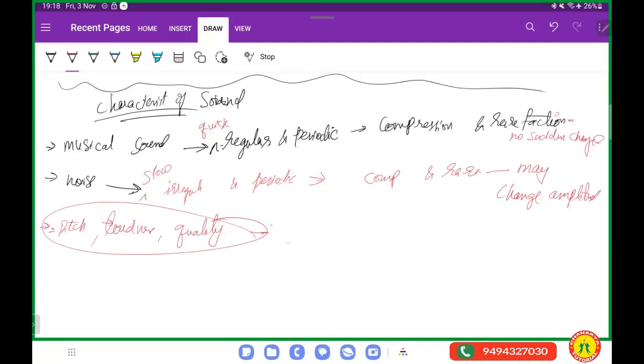What is high pitch, low pitch? What is the quality, meaning is it hard or soft? How loud can it go? How low a volume? These are characteristics of musical sound.